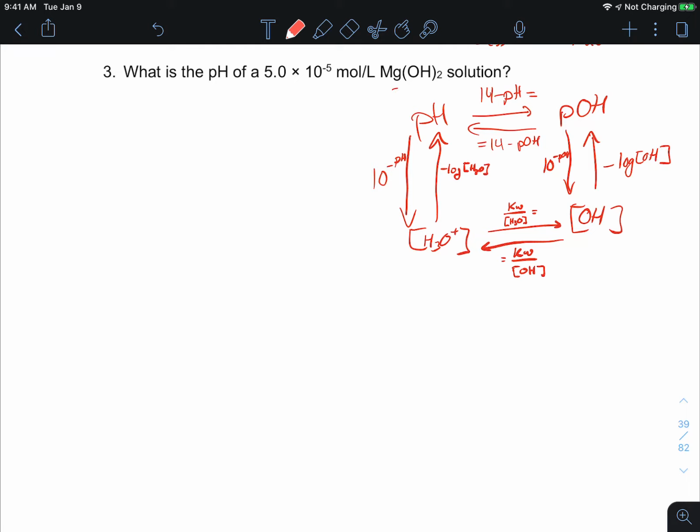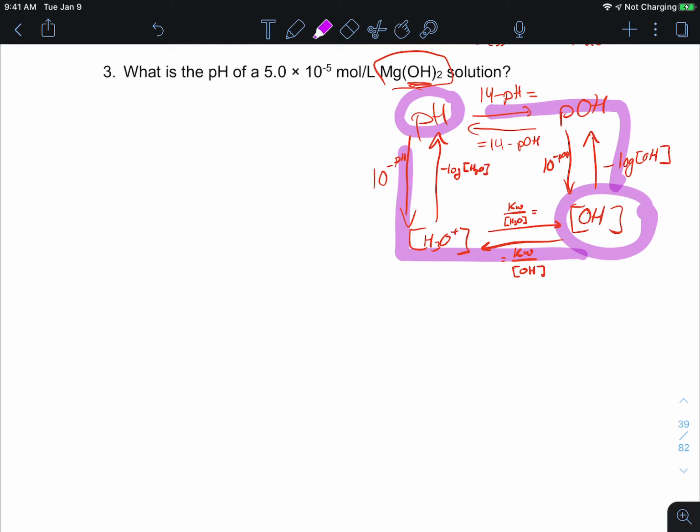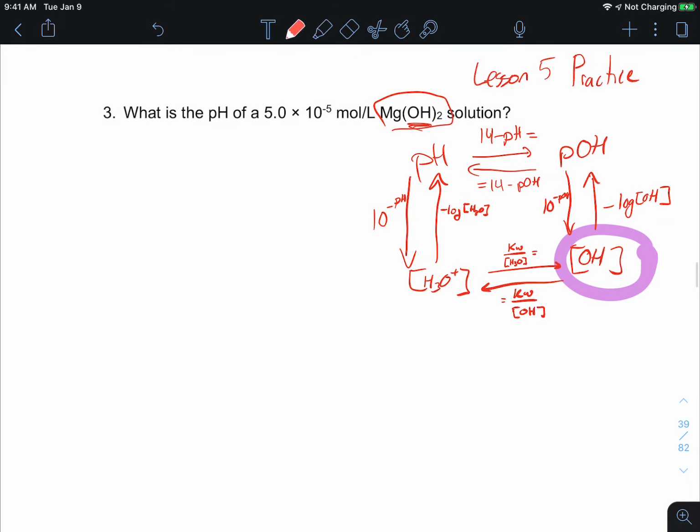So we're going to have this magnesium hydroxide. That's probably going to give us a hydroxide concentration. So we're thinking about how we're going to start here, but we want to end up here. So do we want to go this way, or do we want to go this way around the circle? And those are our two choices. Unfortunately, you can't just go in a diagonal.